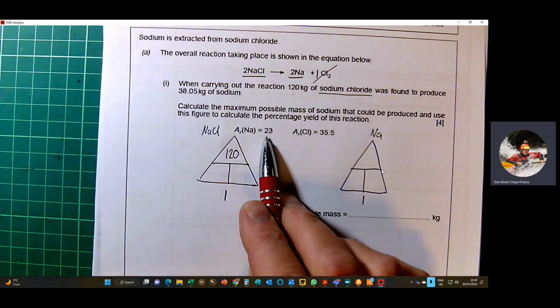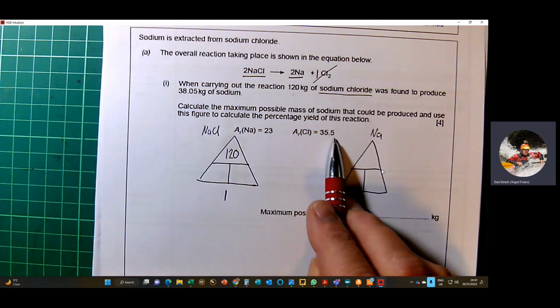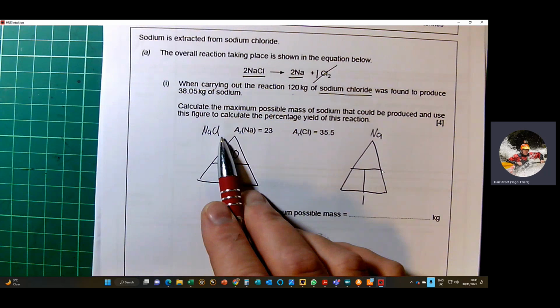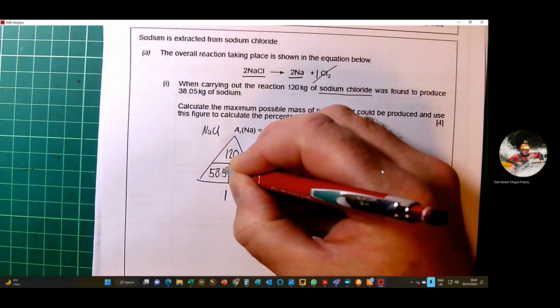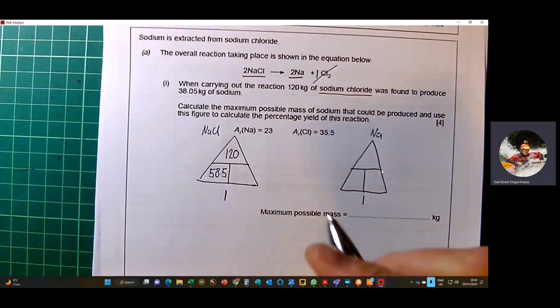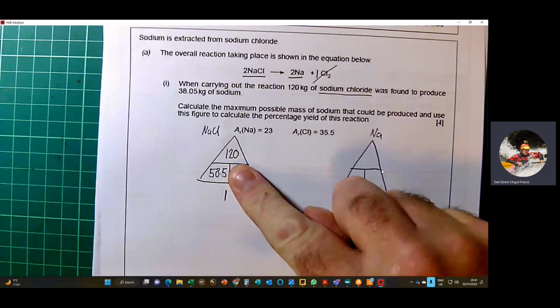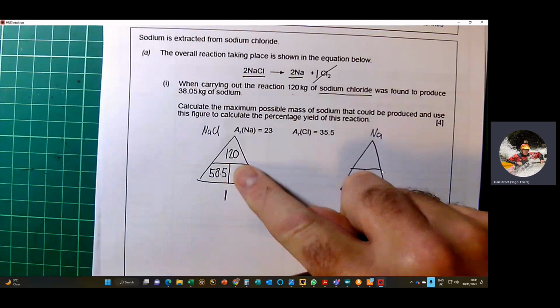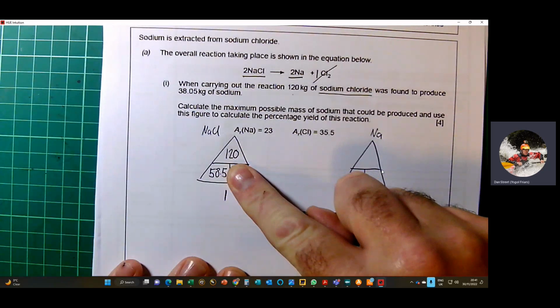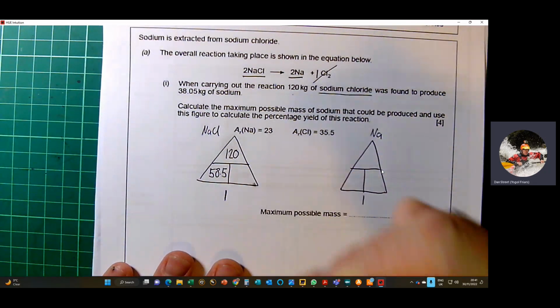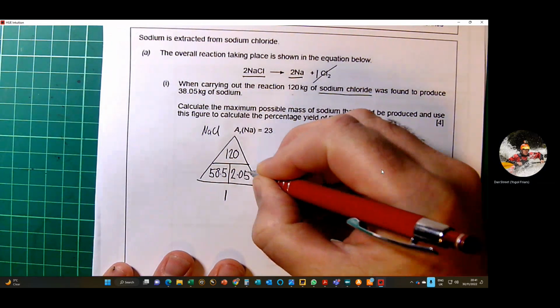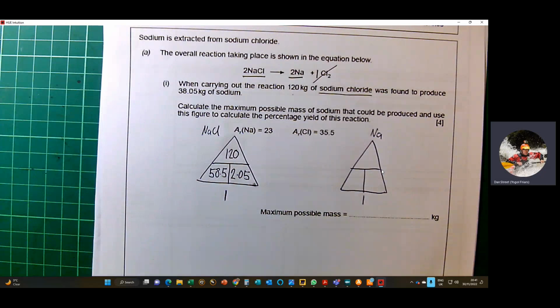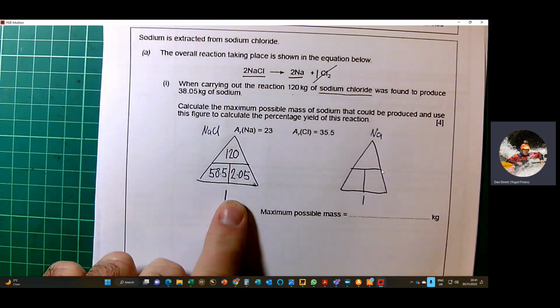If we add 23 and 35.5, that gives us the MR of sodium chloride, 58.5. In order to calculate this missing value, we take 120 and divide it by 58.5. That's what the triangle is telling us. If we do that, we get 2.05. I've done that on a calculator previously.